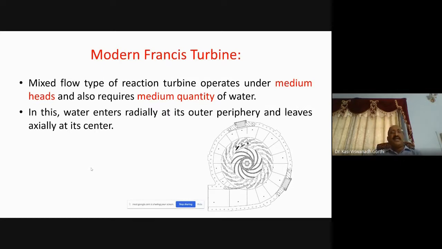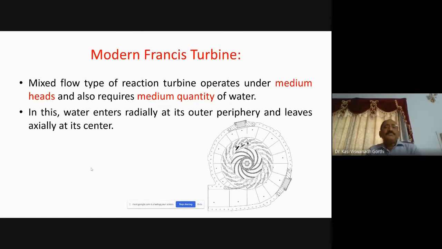We have noticed that at the exit of the runner, the pressure becomes atmospheric pressure, while at the entry of the turbine runner, the water enters with pressure. As the water is flowing over the surface, energy transformation takes place, and hence the reaction pressure would be developed, and this reaction pressure is responsible for the rotation of the turbine runner.